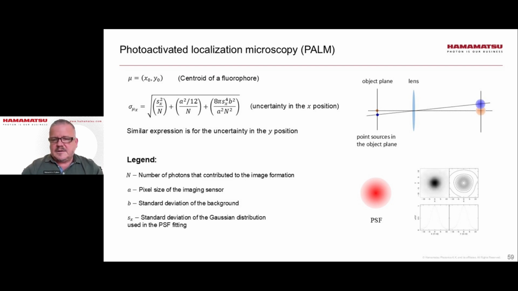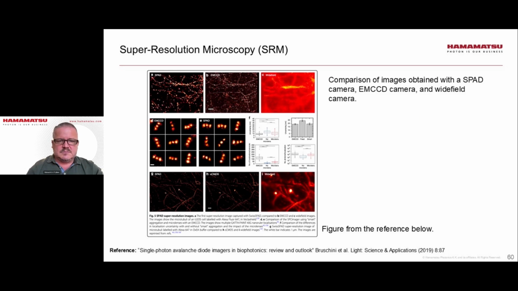So using SPAD, I can sample this point spread function. And again, SPADs are sensitive to individual photons. They have very high sensitivity. And therefore, if I've sampled the PSF, then I can accurately determine the centroid, i.e. tell where the image center is in the image plane.